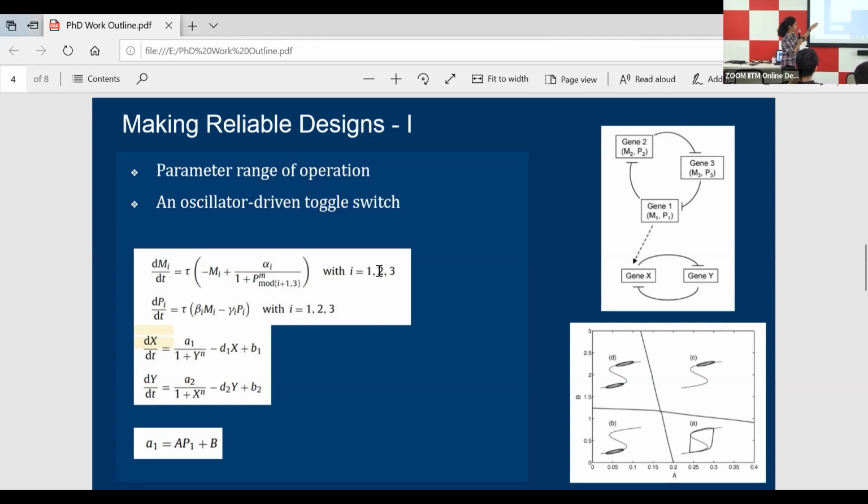Here I've given an example of a toggle switch driven by an oscillator, and I simulated this model. They are coupled in a linear fashion, and then a bifurcation analysis reveals which part of the parameter space is going to make sure that the operation of the two circuits is such that the first circuit is driving the second.